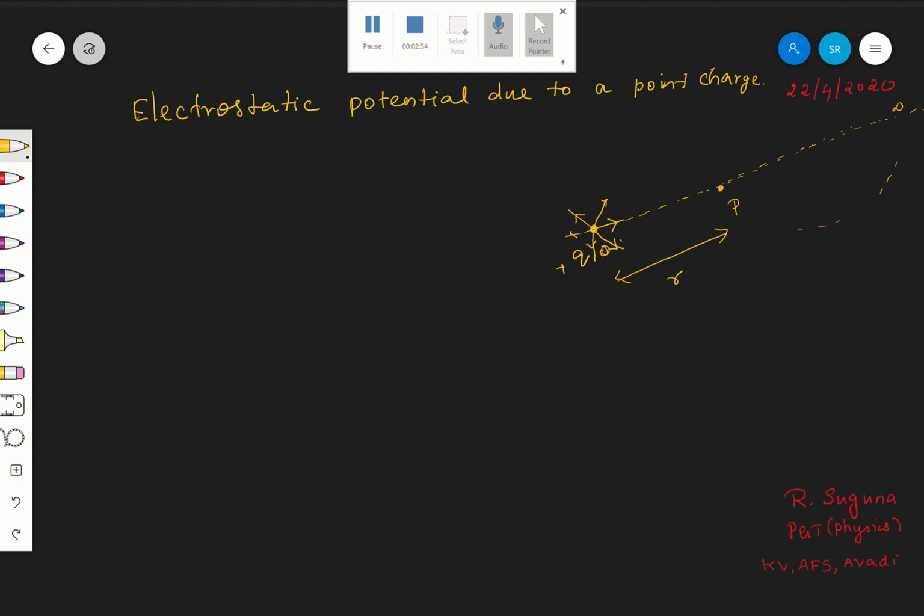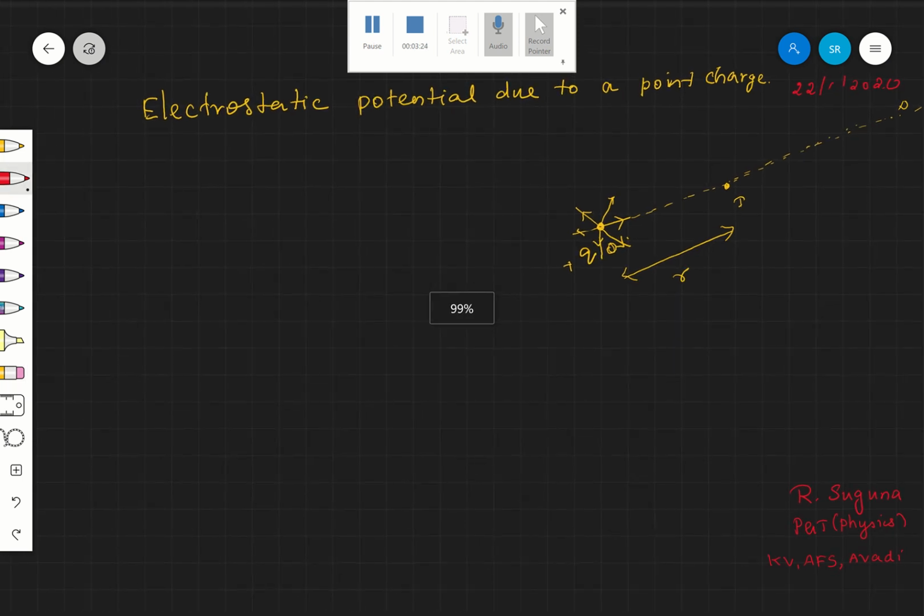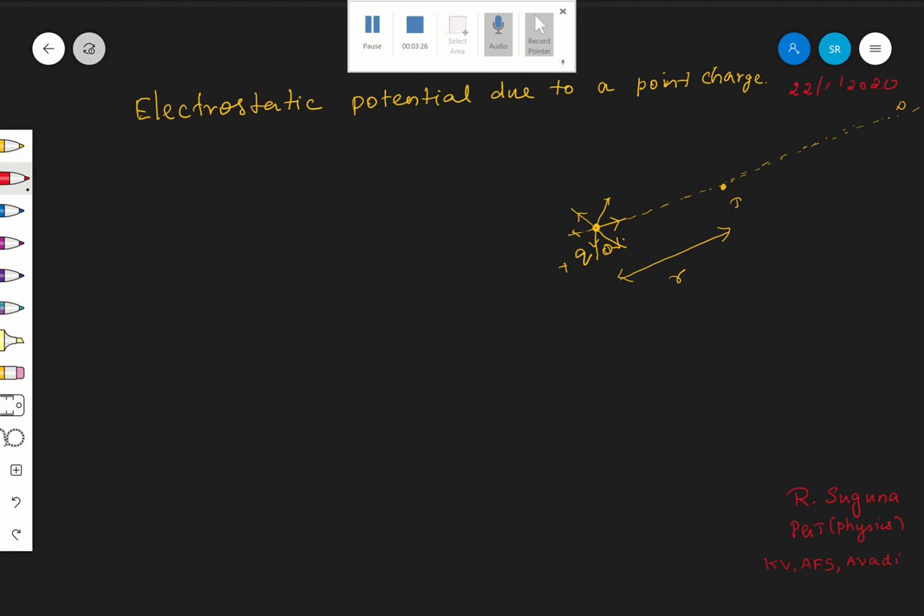I may bring it like this, in this direction, or straight, radially. Whatever path I take, because electrostatic force is a conservative force, it is path independent. It depends only on the initial and the final position. We have already proved that the electrostatic field is path independent.